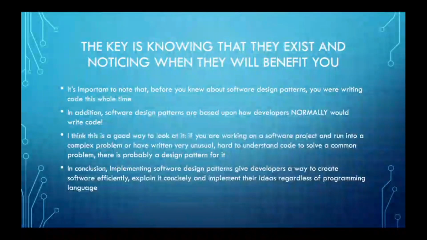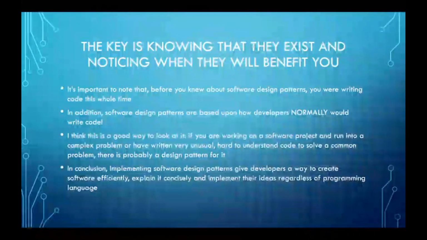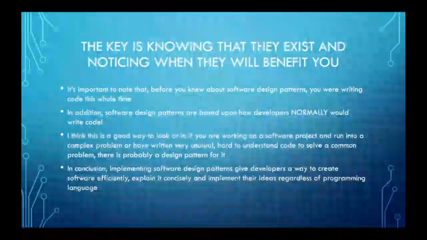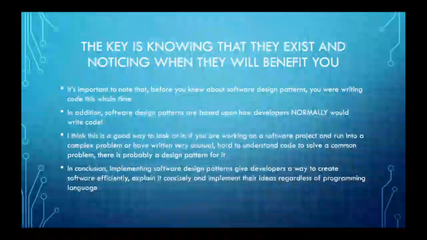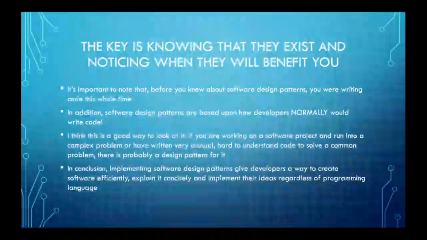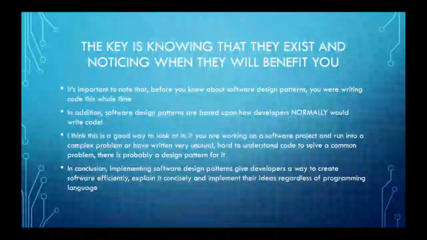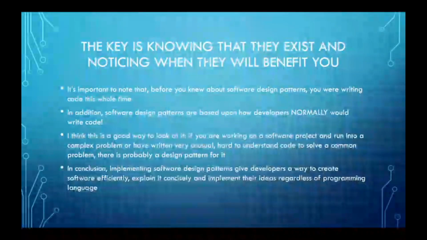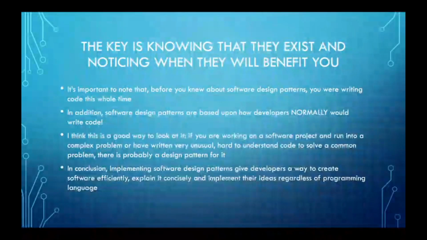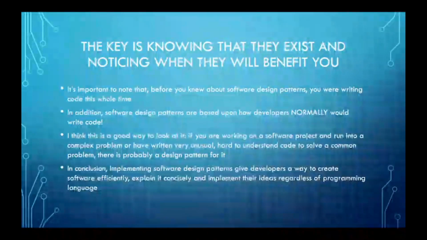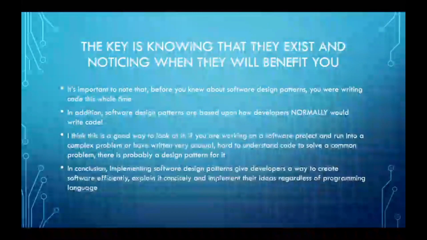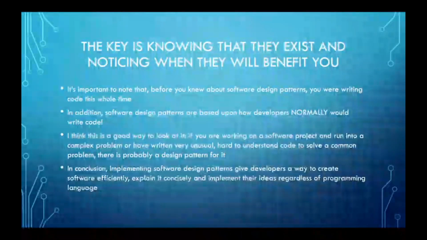If you're working on a software project and you run into a complex problem, or have written something totally ununderstandable while trying to solve a rudimentary problem you thought would be easy, there's probably a design pattern for it. Say in a video game, you want to implement some basic physics, there's probably a way to do that, right?